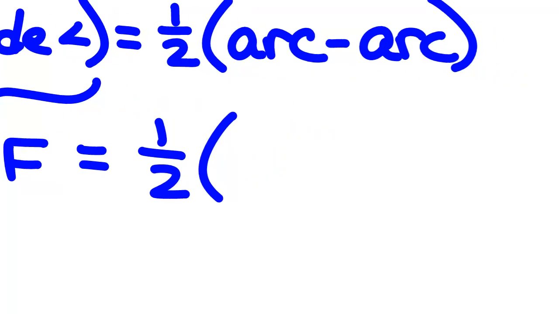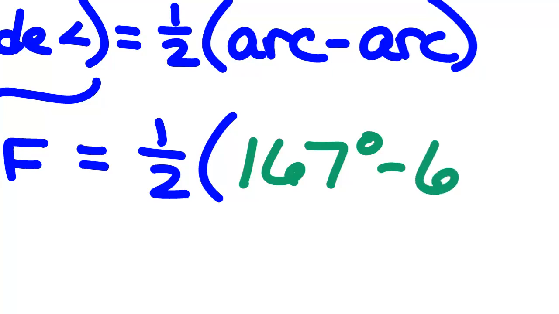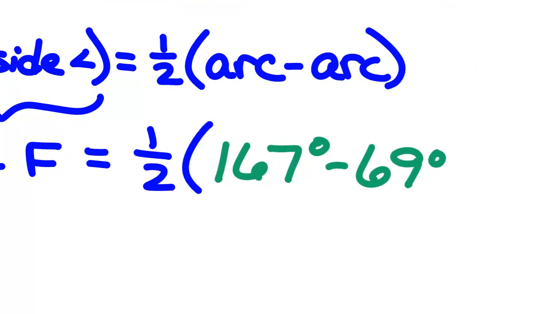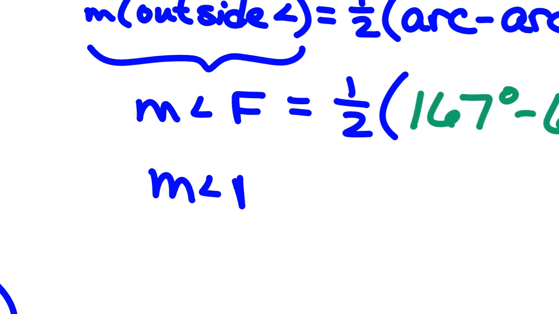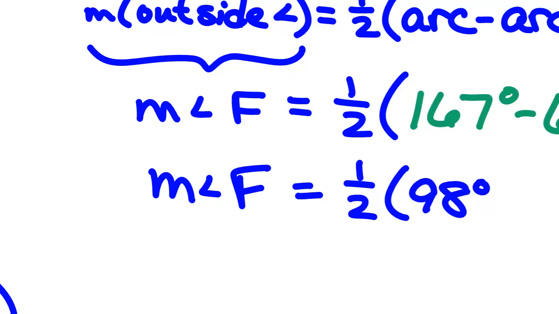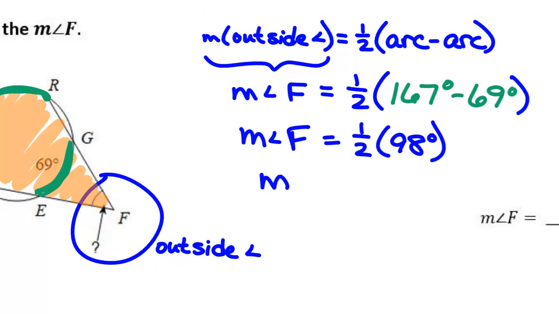It's always bigger minus smaller. So 167 degrees minus 69 degrees. What is 167 minus 69? 98. And then what is half of 98? 49.